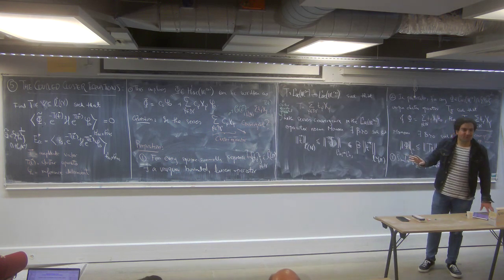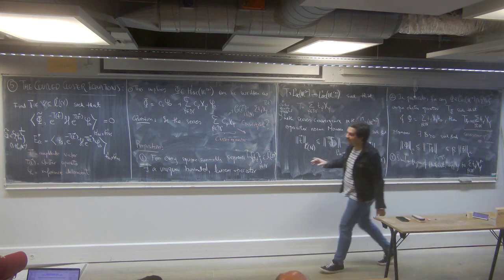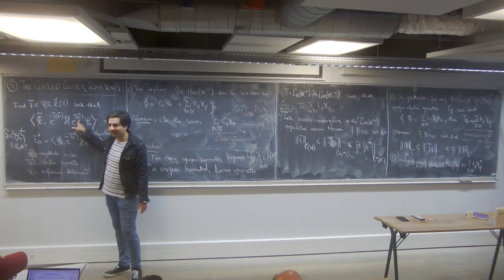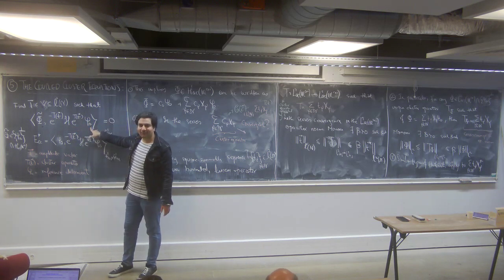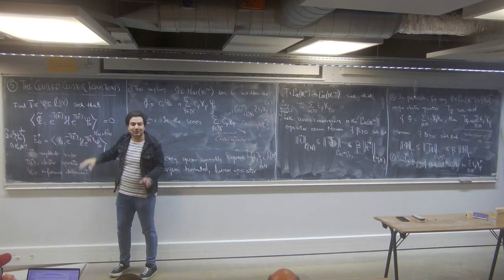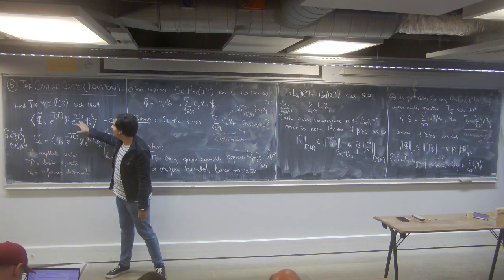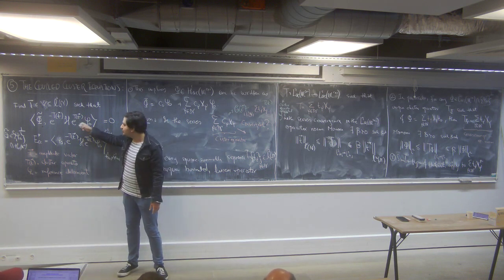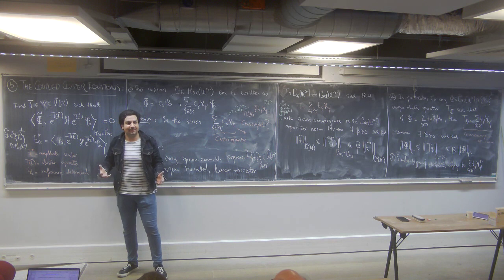Okay, but this is not good enough, because if I now go back to the original equation that I wrote before, you see here I have a cluster operator. This is acting on a reference determinant size 0. I also take an exponential, but let's not worry about the exponential for now. A priori, if I use the result that I've just shown you, I know that this guy is in L2. When I apply this cluster operator, I will also get something in L2.